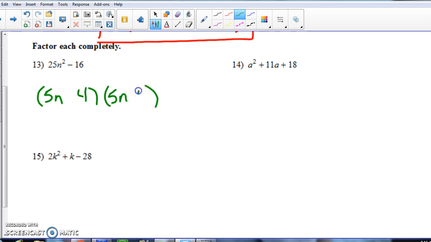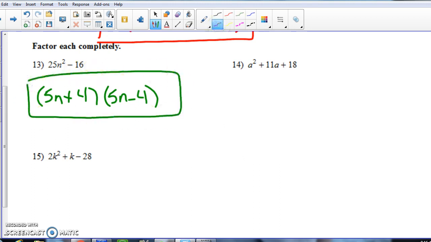That goes in the back of each set. And then in the middle, one's a plus, one's a minus. The order doesn't really matter. So I just have to make one of these sets of parentheses a plus and one a minus. It doesn't matter which is which. I could have put the subtraction first and then the addition. Now again, if I FOILed these out, I would end up with what I started with.